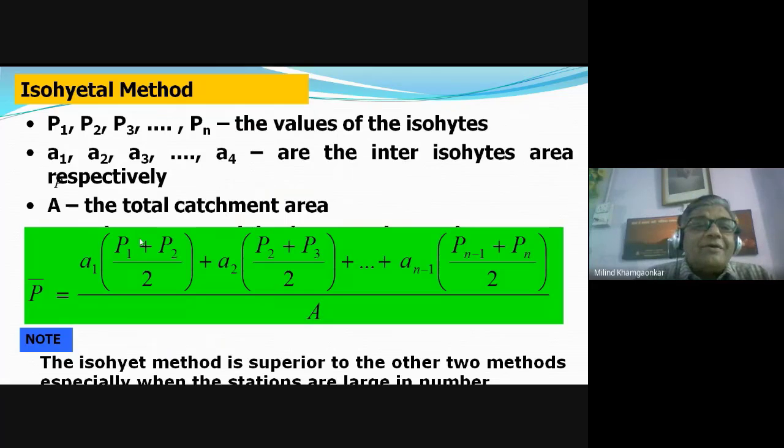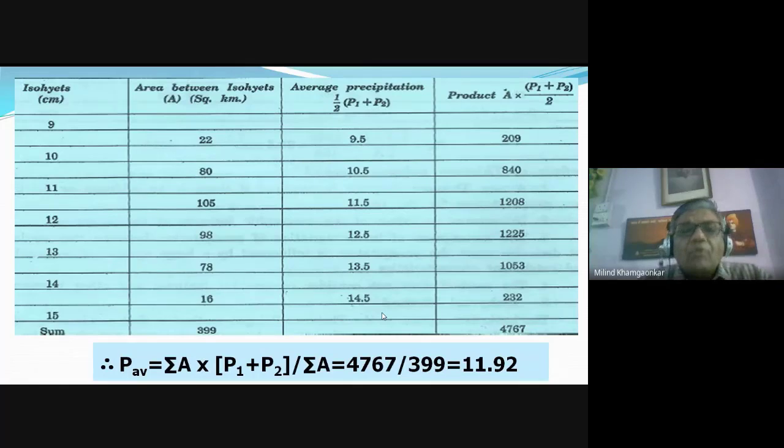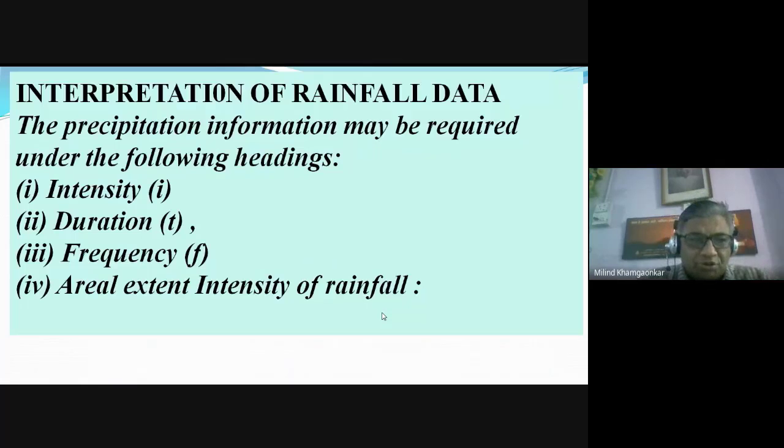The area bounded by two isohyets of rainfall intensity P1 and P2 is multiplied by the average of these rainfall intensities. In this way, all areas and their corresponding average precipitation are worked out, and the overall average precipitation is found.